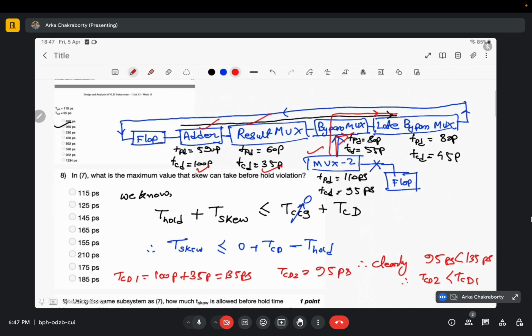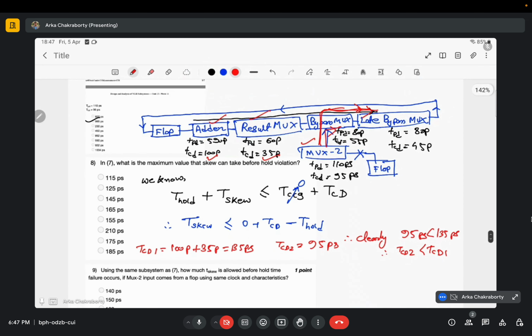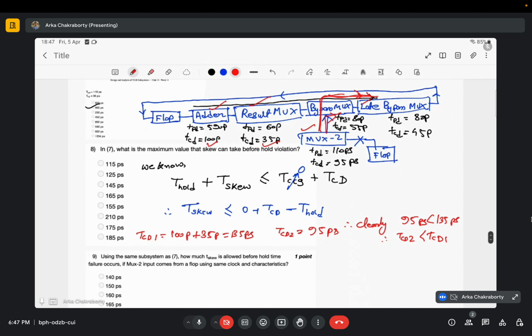Therefore path 2, that is this path, would be the path of interest. Okay, so how much should TCD be? Therefore T skew would be less than or equal to TCD, which is the sum of mux 2, bypass mux and late bypass mux.